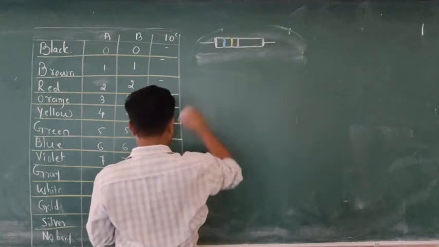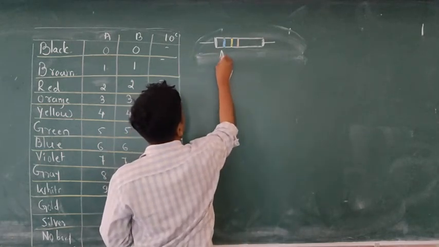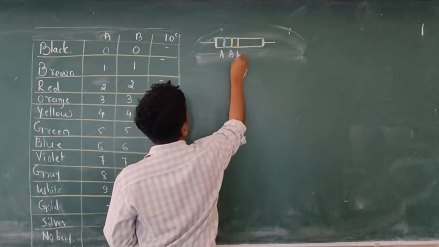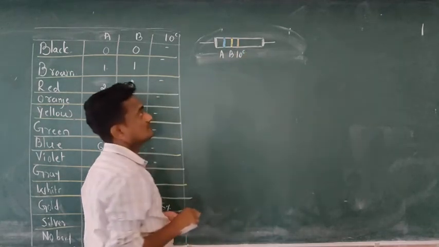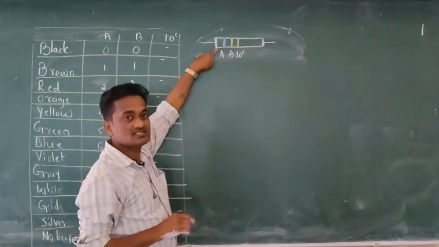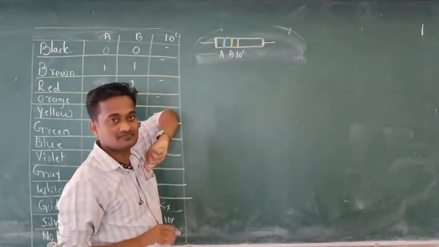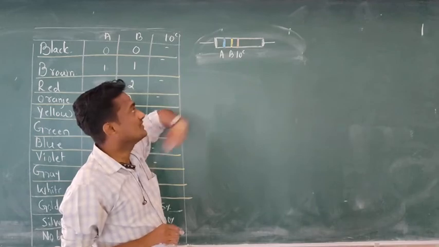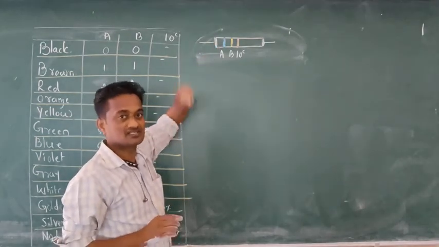This one we call A, this one B, and this one 10 to the power C. So this is a resistor of known resistance. We cannot write the values, so they use colors.